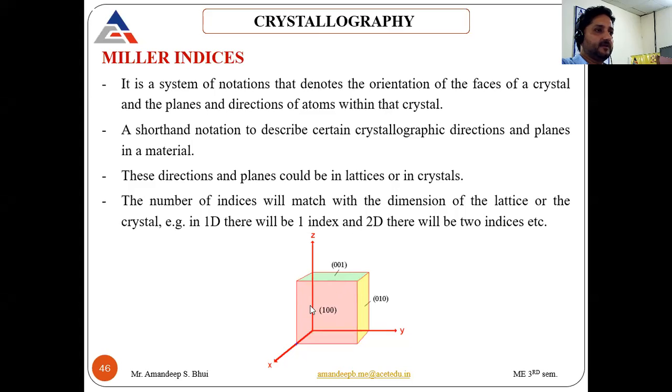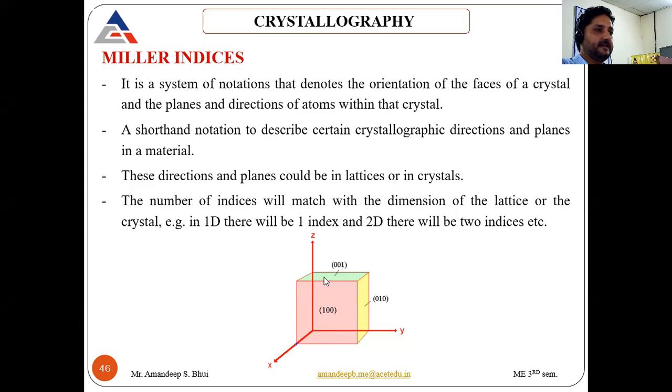You can see the diagram below. This green top surface is a plane. This plane is denoted by the notation in the brackets, 001. This means for this plane x is 0, y is 0, but the value of z is 1, because it is lying at a distance of z.